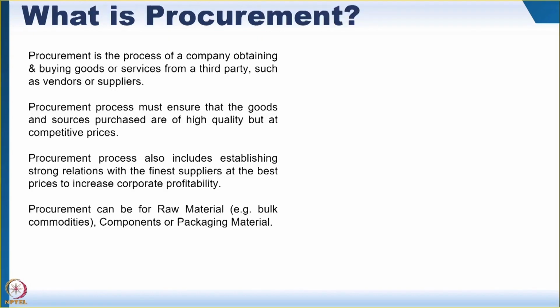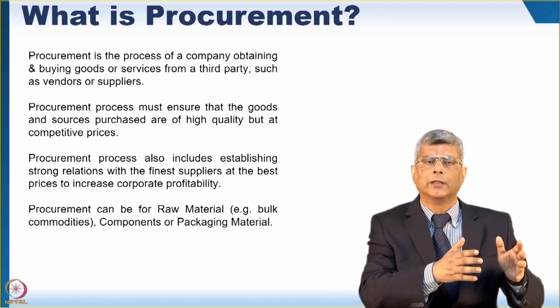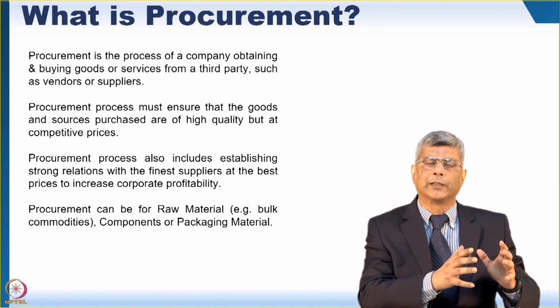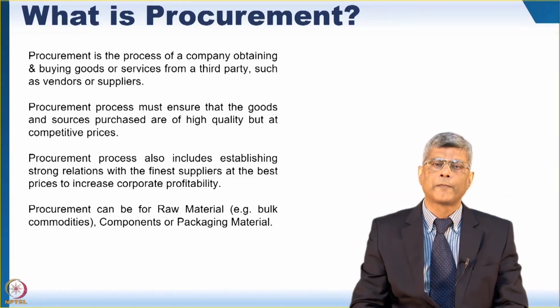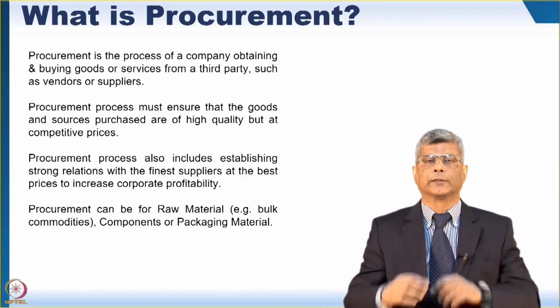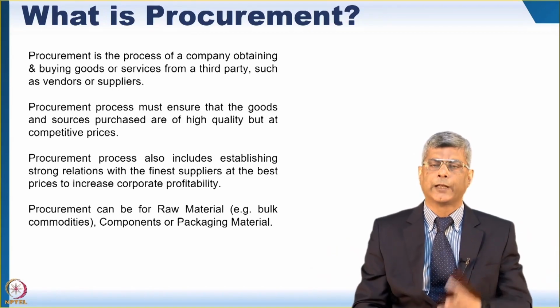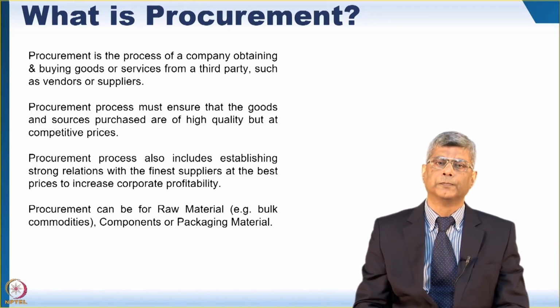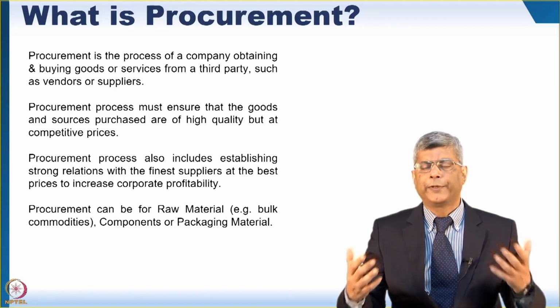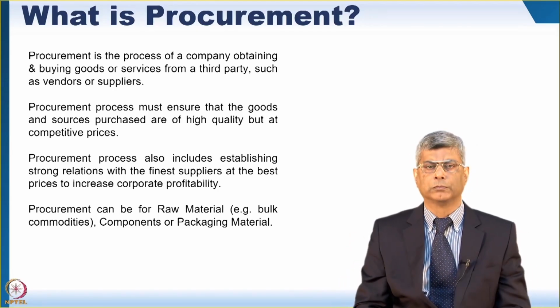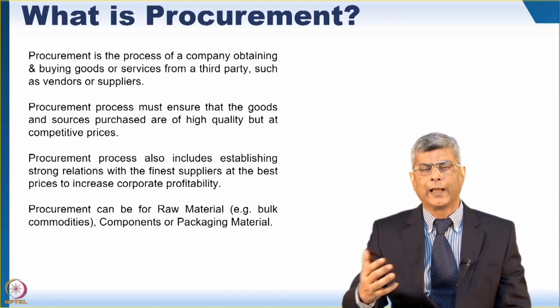So once you've got the product specification, remember the chart I had shown you, the next part of manufacturing, or the next activity in that factory, is to get all the components. So a car that I showed you can have 1,500 components, maybe more. 5 tires will be there.